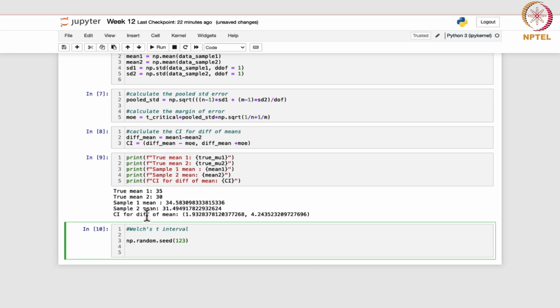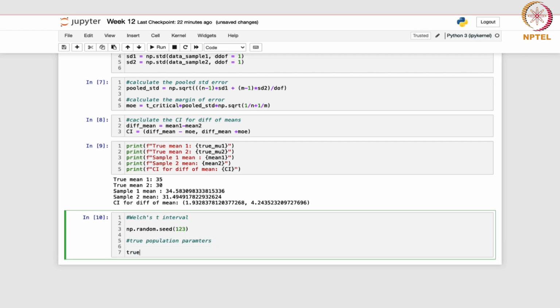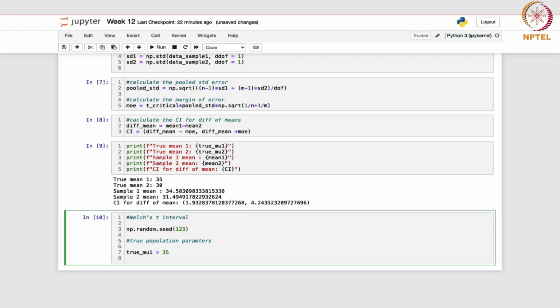Now we will write the true population parameters. True mu1 would be, suppose, 35, true mu2, let that be 30, as we have defined earlier also.